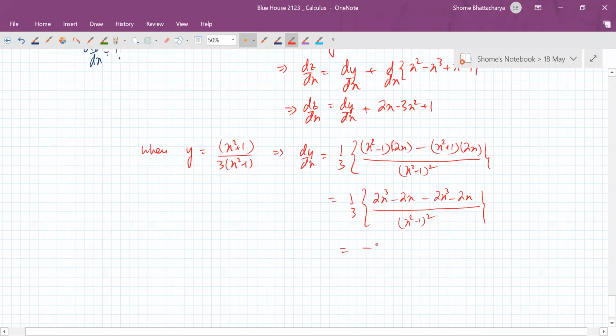So this becomes minus 4 by 3 x upon x square minus 1 whole square. So that's my dy by dx. Now substitute that back in the z. So dz by dx will become dy by dx, which is minus 4 by 3 x upon x square minus 1 whole square plus 2x minus 3x square plus 1.